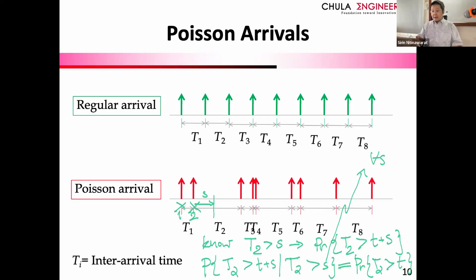So this means that the knowledge of having already waited s seconds doesn't affect the distribution for the future for any t, because this is independent of s.